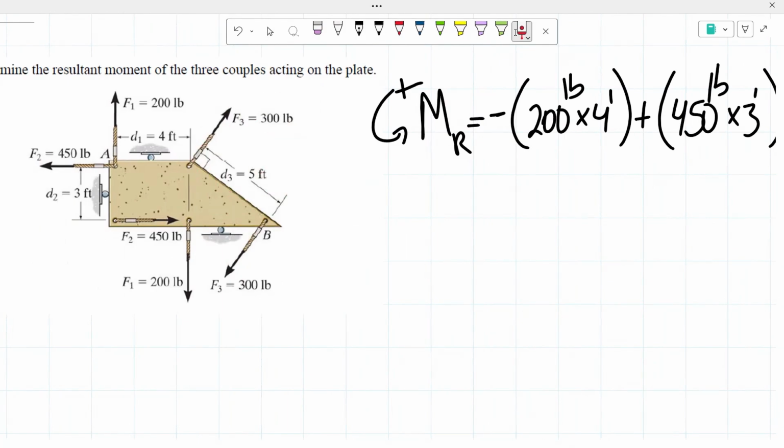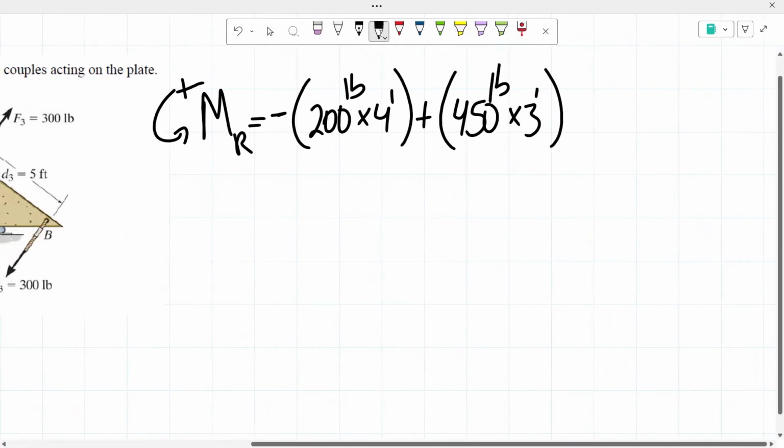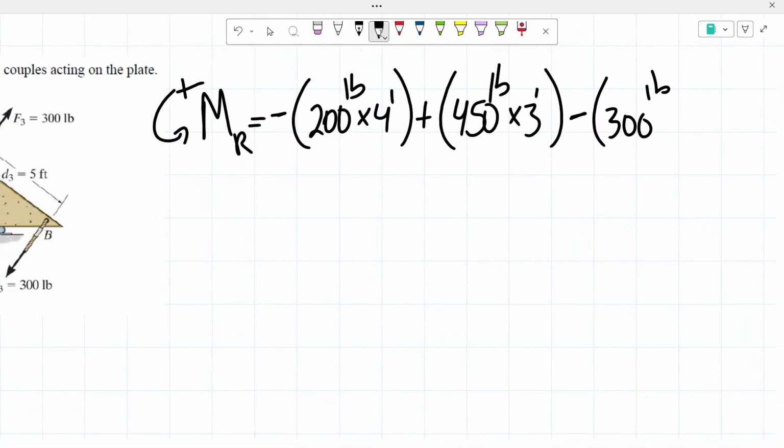We just have to figure out if that's going to be creating a positive or a negative moment. As you can see, these forces are going to be creating a clockwise moment, meaning that that's going to be a negative moment once again. So we have a negative moment of 300 pounds, which is the force, times the distance, which is 5 feet.